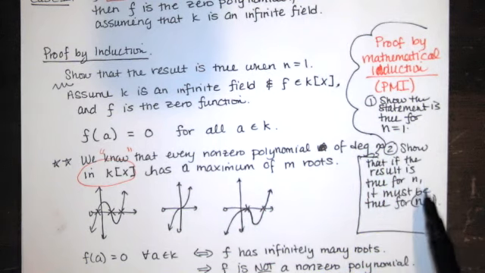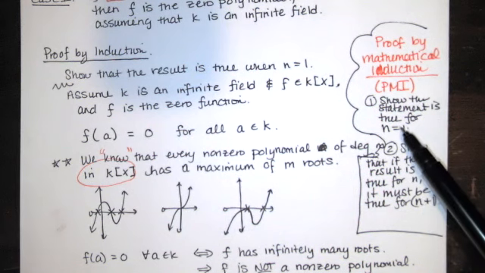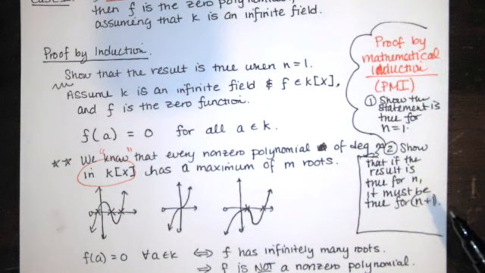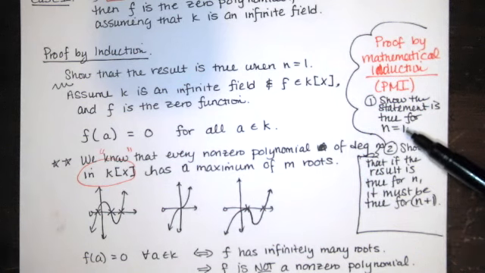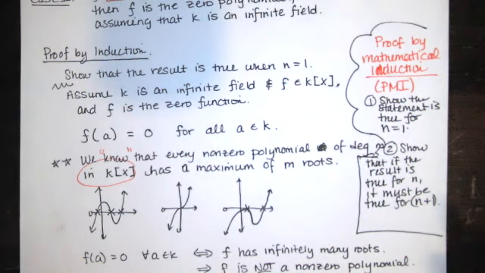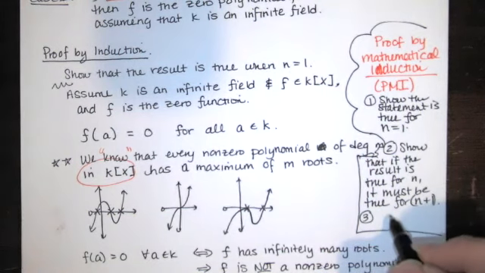So if it's true for 1, and then we've shown that if it's true for n, it's true for n plus 1, then proving it was true for 1 implies that it's true for 2, and proving that it's true for 2 implies that it's true for 3, and proving it's true for 3 implies that it's true for 4. But by doing this, we're saying it's true for all of those, because it's true for this one, and then every other one after that, because if it's true for n, it's also true for n plus 1. And then we can say, if that's true, then the result holds for all n.